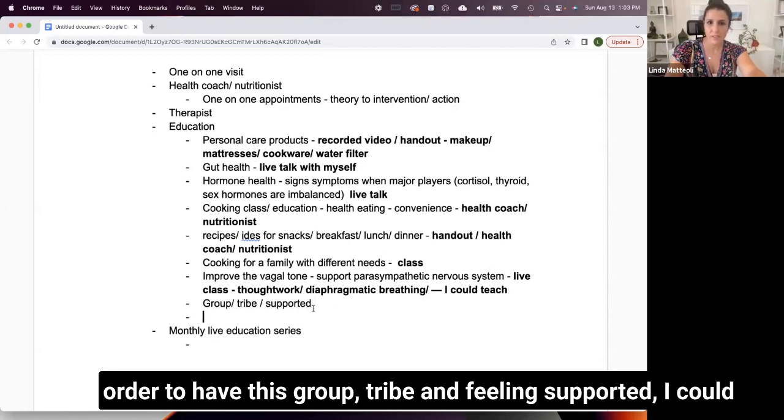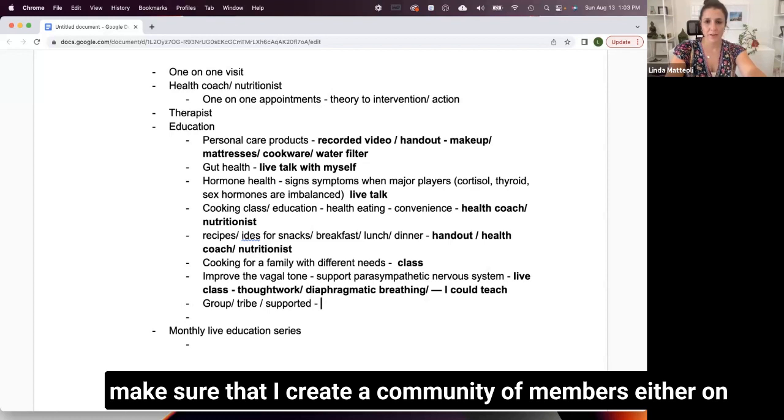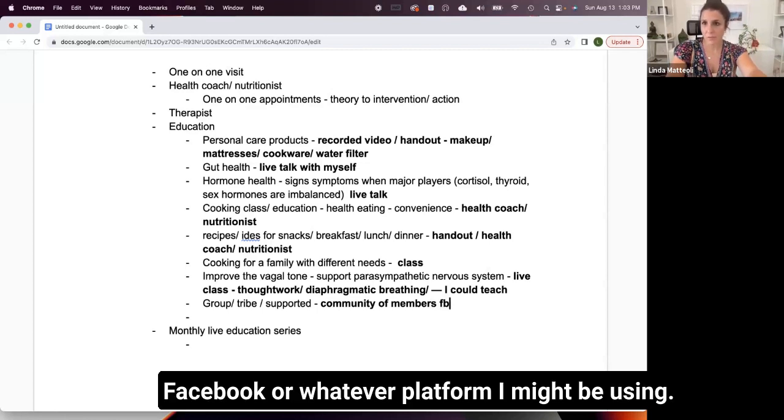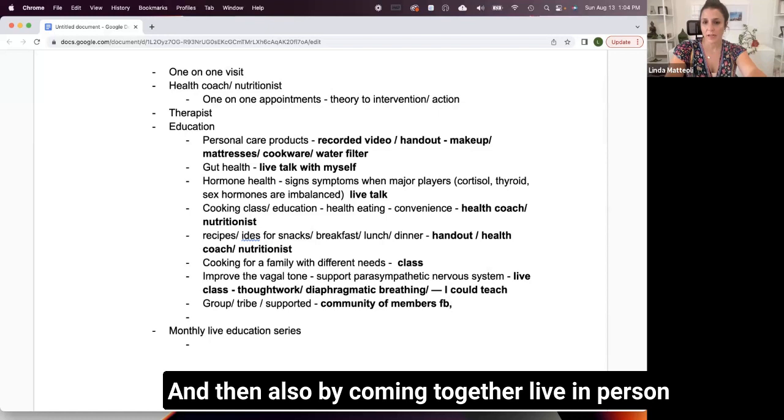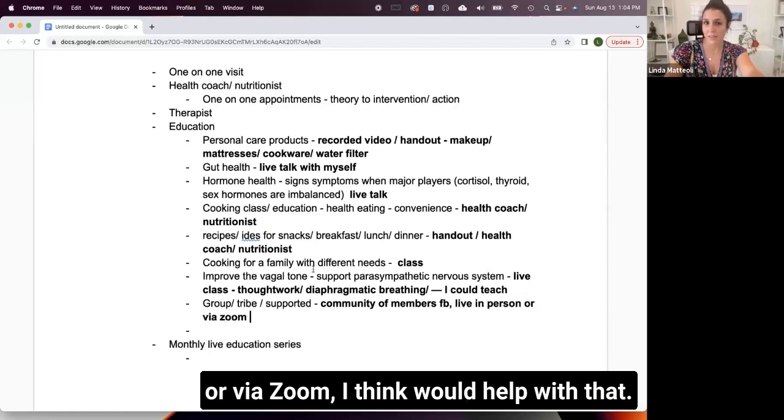In order to have this group, tribe, and feeling supported, I could make sure that I create a community of members either on Facebook or whatever platform I might be using. And then also by coming together live in person or via Zoom, I think would help with that.